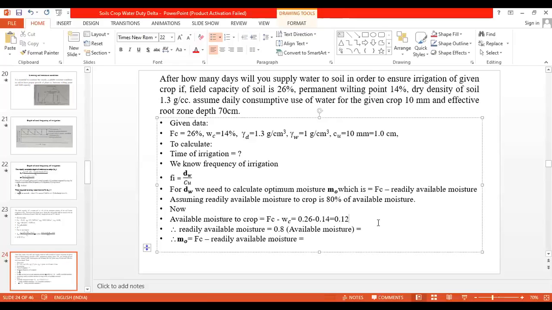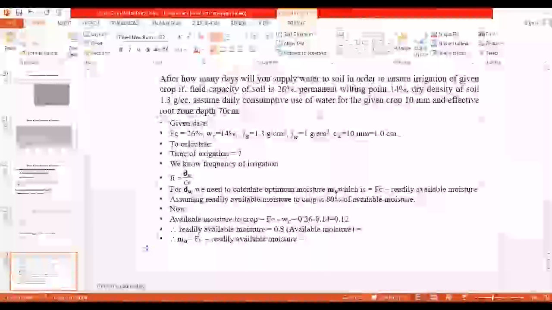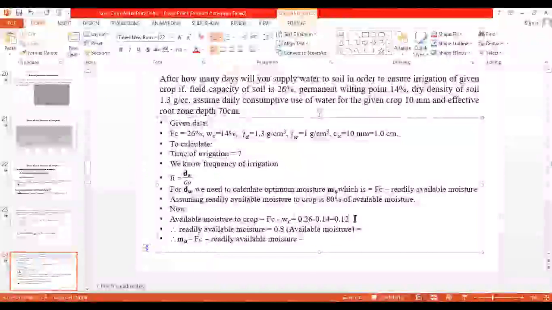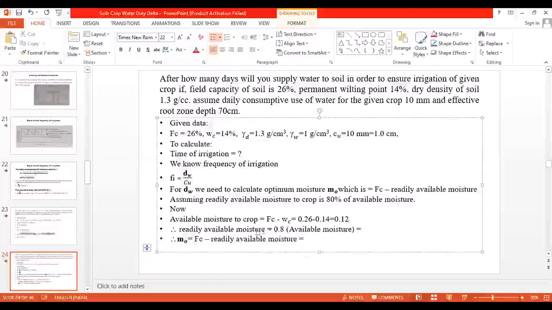So now we have calculated the available moisture to the crop, field capacity minus wilting coefficient, which is 0.12.